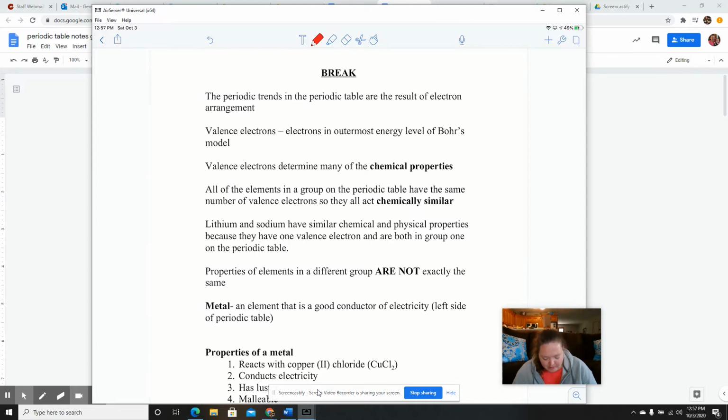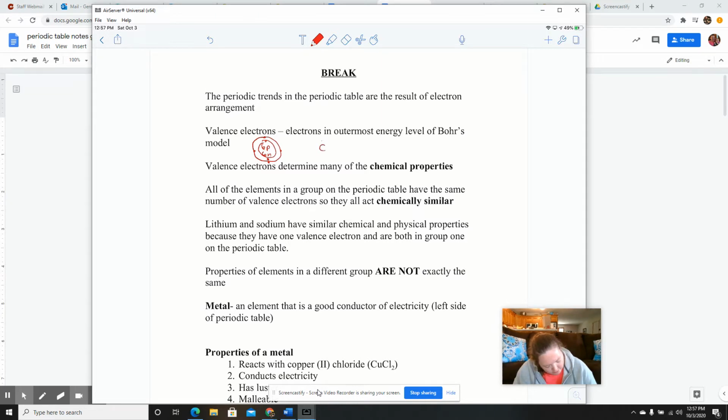Valence electrons. This is a review of our last unit. Those are the electrons in the outermost energy level of Bohr's model. If we take a look at carbon with 6 protons, 6 neutrons, we had 2 electrons in the first energy level, and in the second energy level we had 4 electrons.